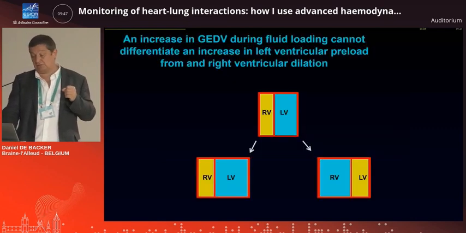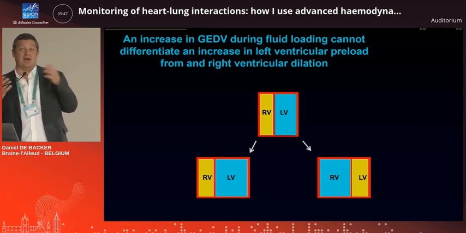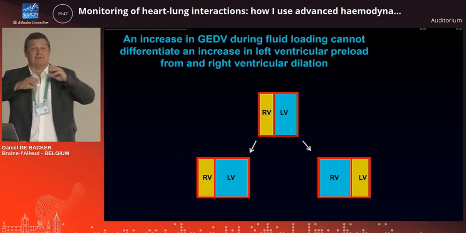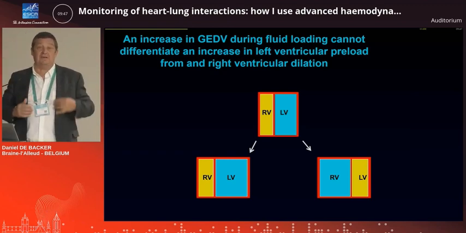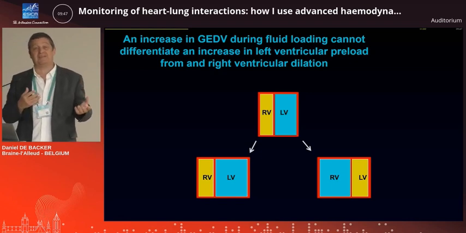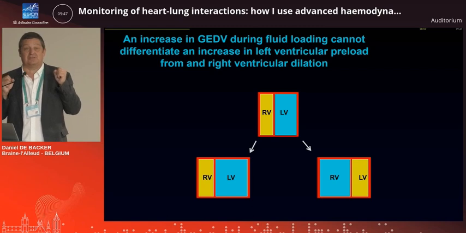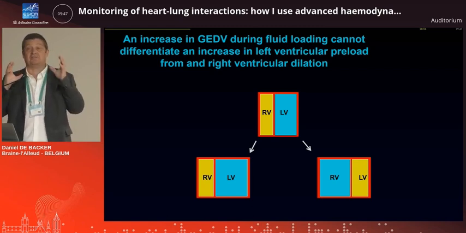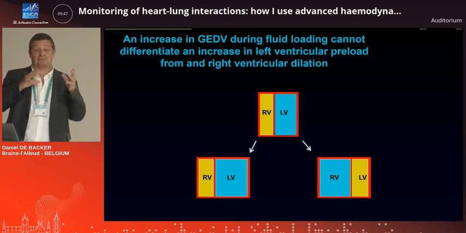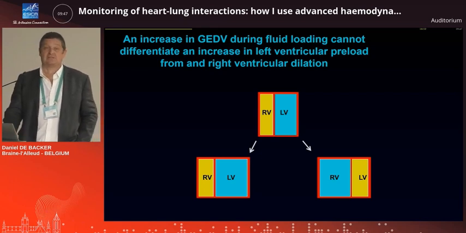But then the question is that we do not make the difference between the right and the left volume. We have a total volume of the cavities, and especially when we begin to have right heart dysfunction, we will miss this aspect, because the volume is lumping the left side and right side together. So that's a limitation there.